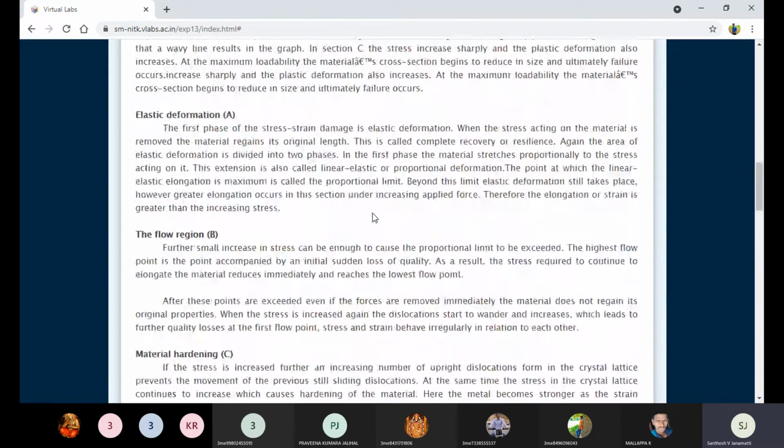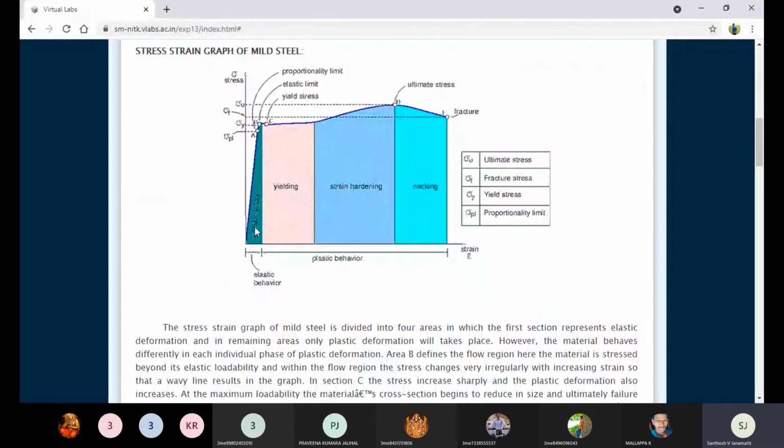Here we get a curve like this. This is the proportionality limit, where stress is directly proportional to strain. Whenever the stress values increase, the strain values also increase in the same way. This happens for some period, and as a result we get a straight line.